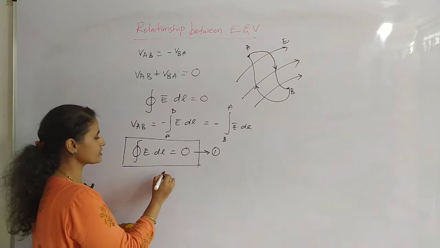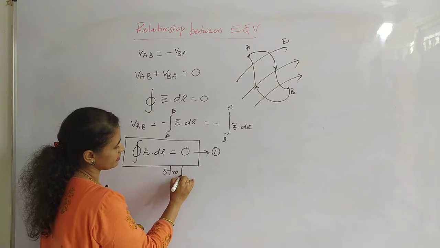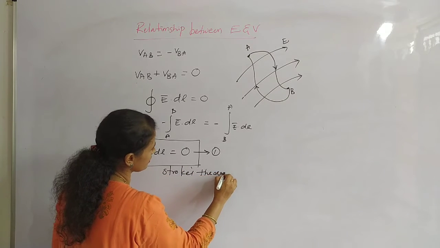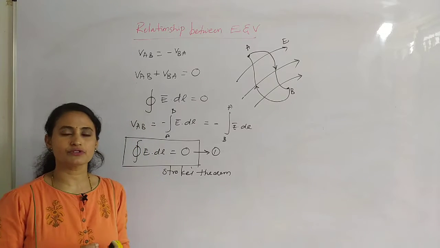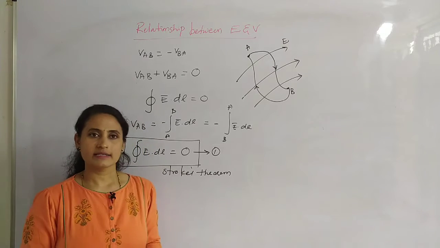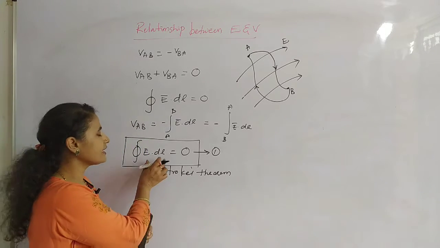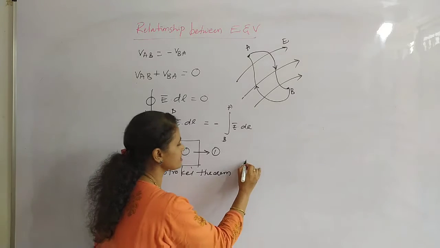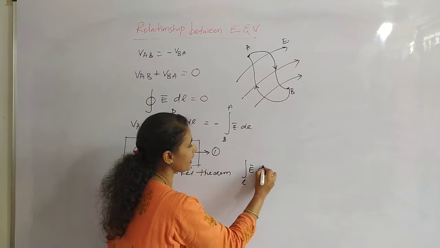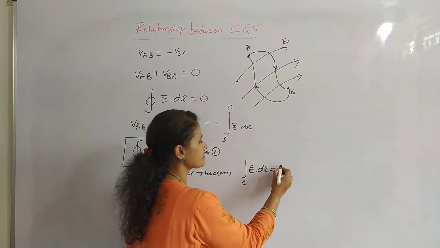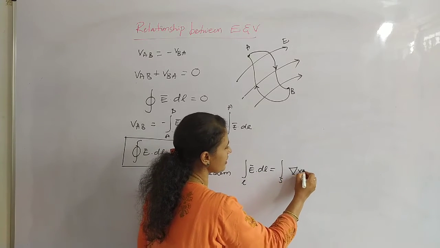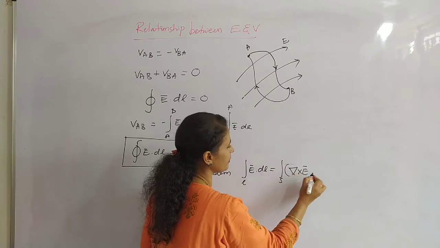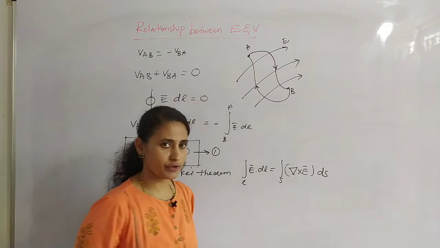We have already discussed the Stokes theorem, right? What does the Stokes theorem say? The Stokes theorem is used to convert the line integral into the surface integral. The work done in a closed path, the line integral of E bar dot dl, is equal to the surface integral of curl of E bar dot ds from the Stokes theorem.